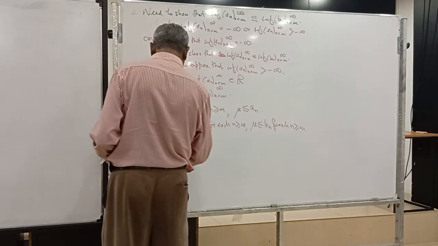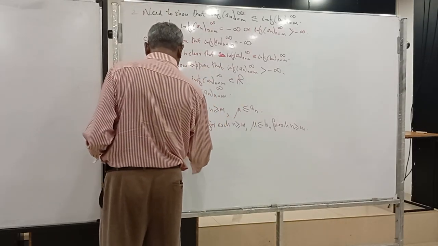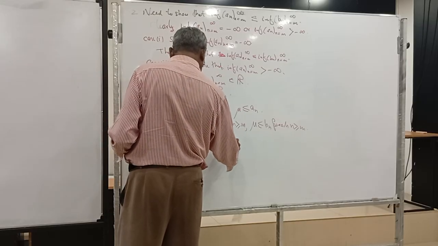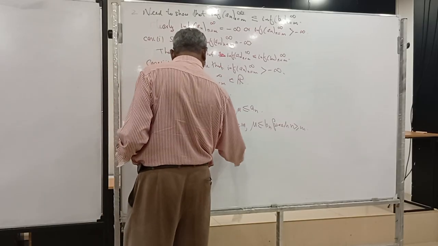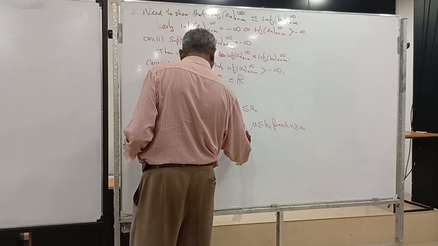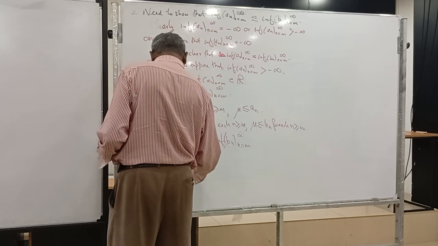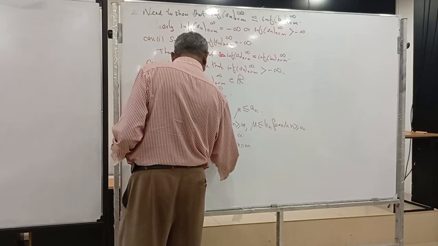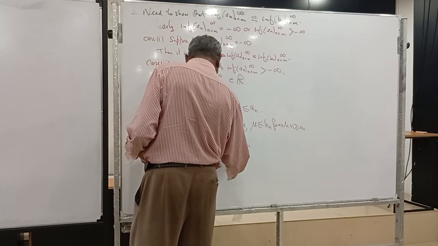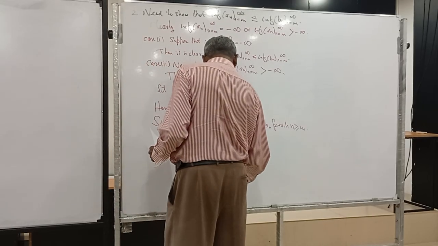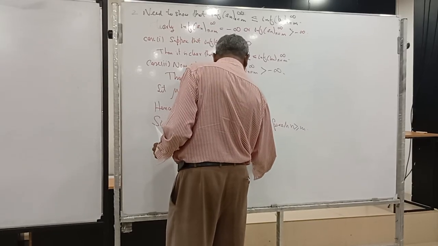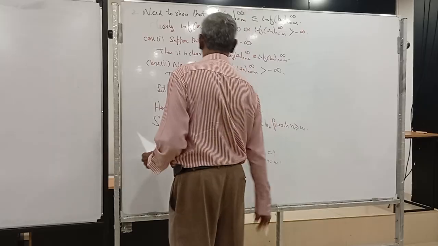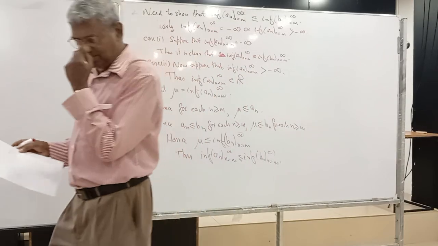Hence mu is less than or equal to inf b n. Thus inf a n, n going to infinity, is less than or equal to inf b n. Right?